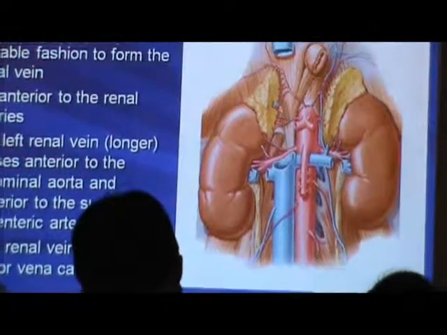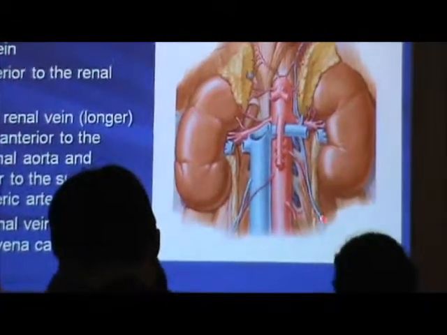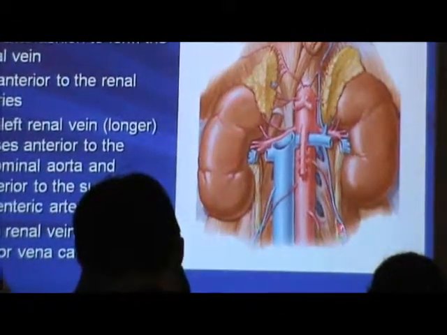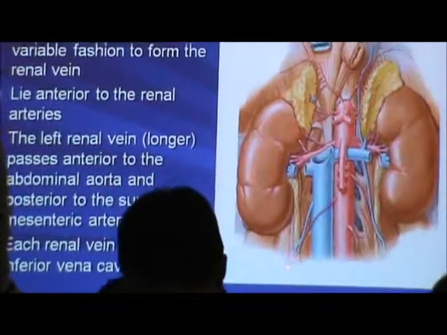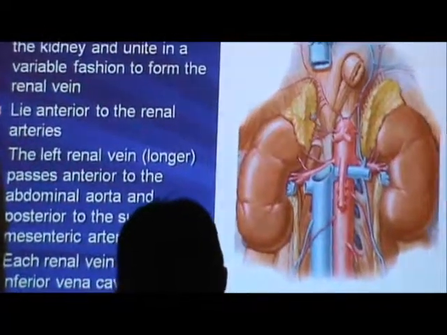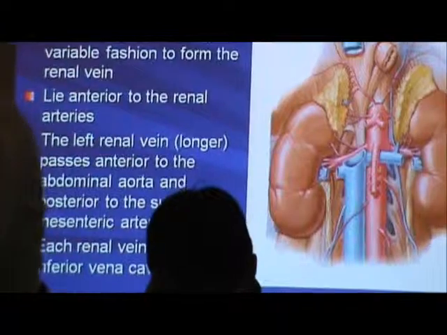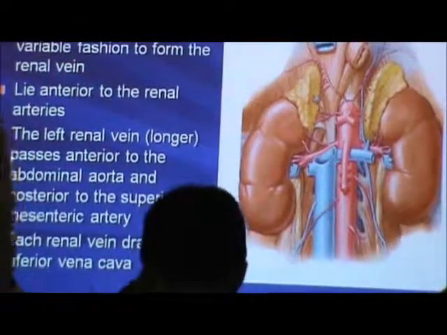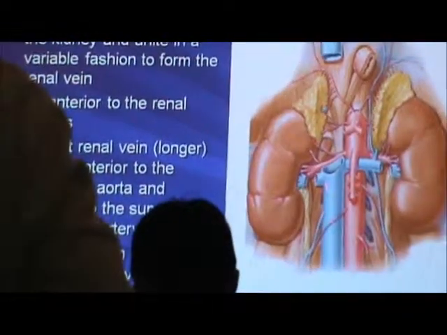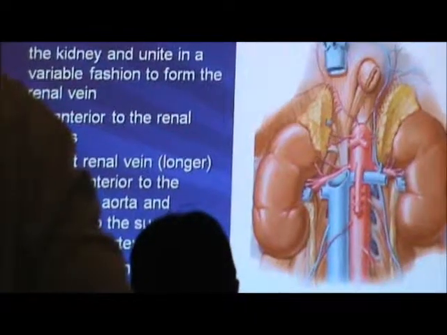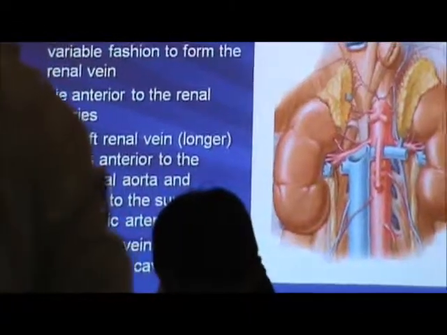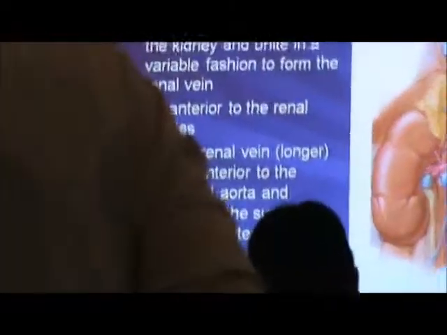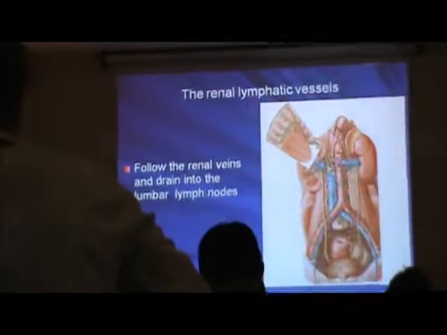Yes, there is a difference on the left side, because on the right side the ovarian vein or testicular vein drains directly to the inferior vena cava. It will be the same with the suprarenal vein. We will see soon.